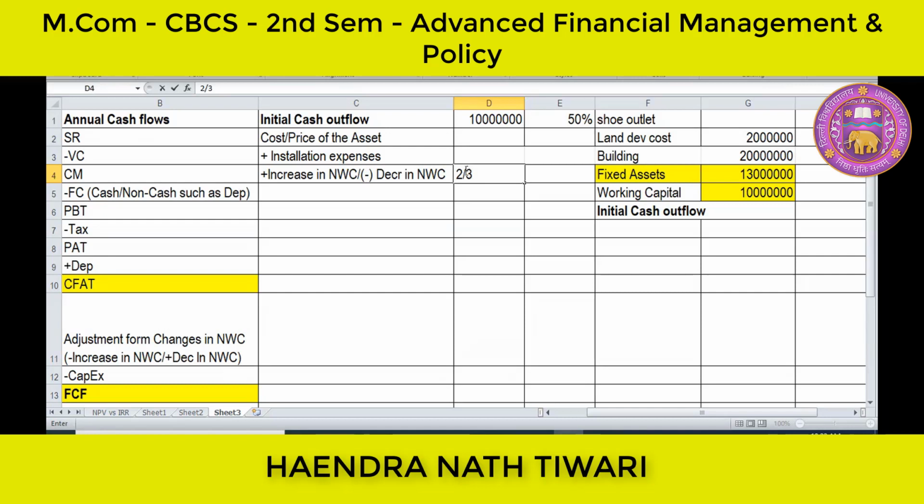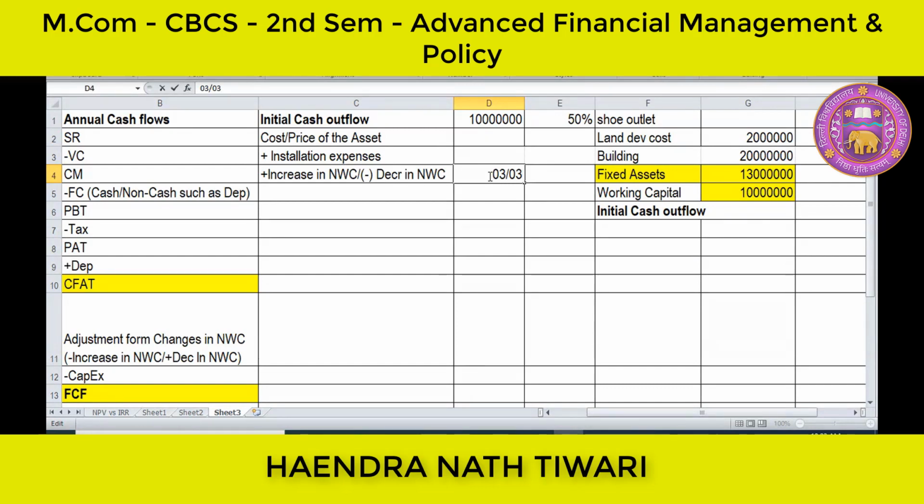That means you were giving 3 units of input and you were getting 2 units of output. And now the advanced machine improves this ratio to 3:3. So now see what happened. Your level of operation is same.